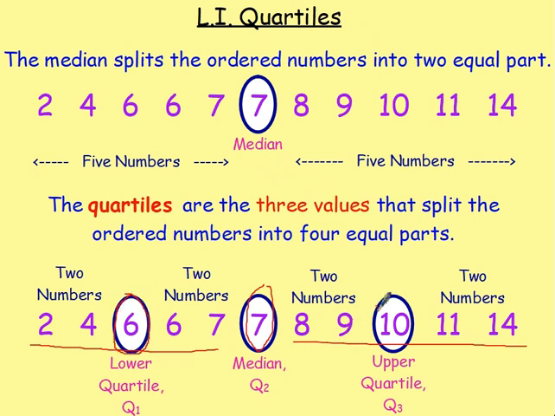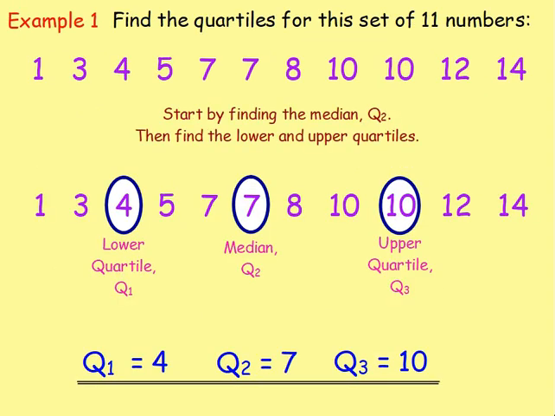After you find the lower median and the upper median, they are known as quartiles because they have quartered the group. You've got 2 numbers, 2 numbers, 2 numbers, 2 numbers, so it splits it into 4 equal sets. And you've got your lower quartile, your median, and your upper quartile, known as Q1, Q2, and Q3.